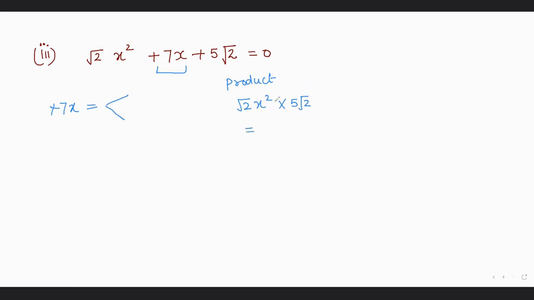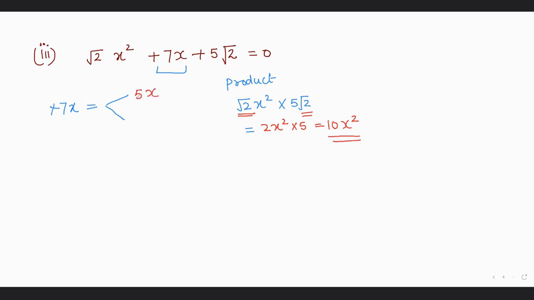So if you see the product of this term, square root 2 and this square root 2 is 2x square into 5, that is 10x square. So student, now you have to take the factors of 7x such that their product should be 10x square. So I think it is easy for us now.